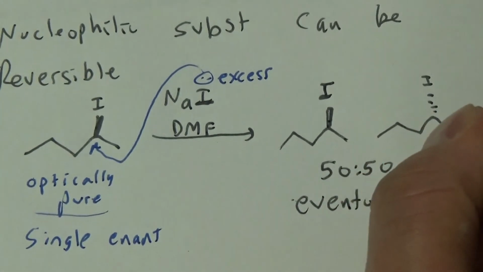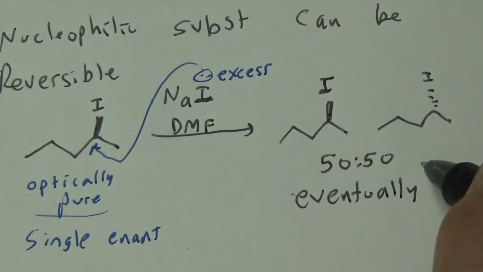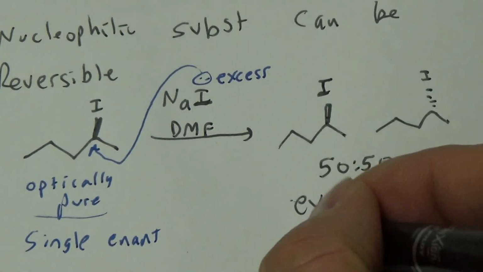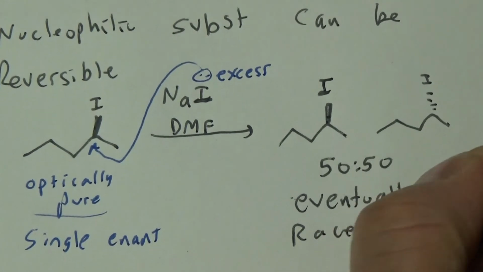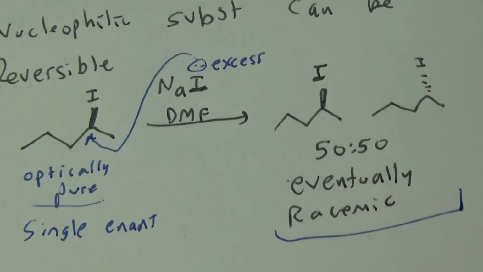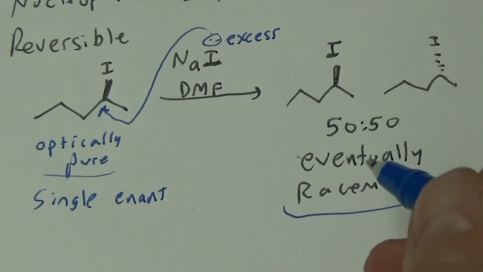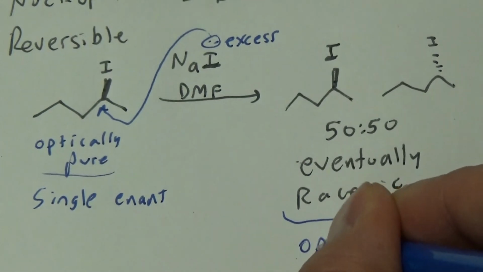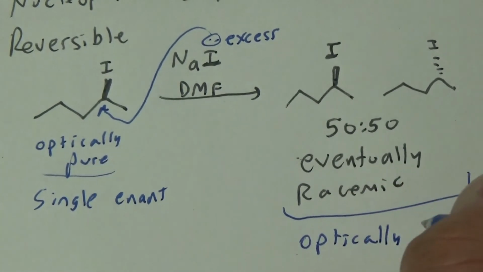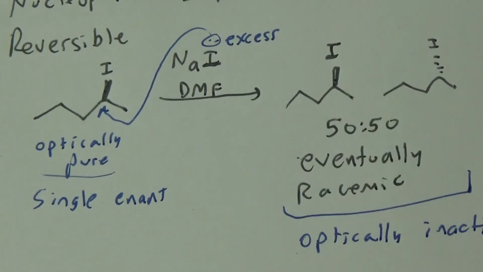I don't know the exact rate, it might be kind of quick. What's it called if it's a 50-50 mixture? It's called racemic. And if we consider the optics of that, this is optically pure, this is optically inactive. So it was rotating light. Now it's not rotating light anymore because you have a mixture of enantiomers.